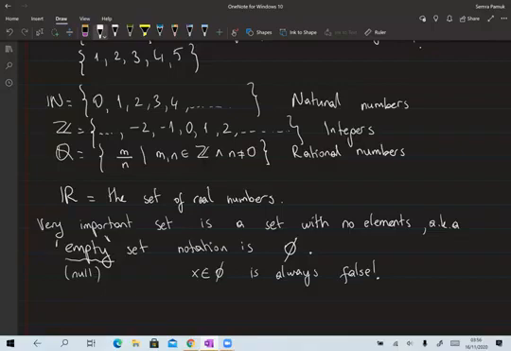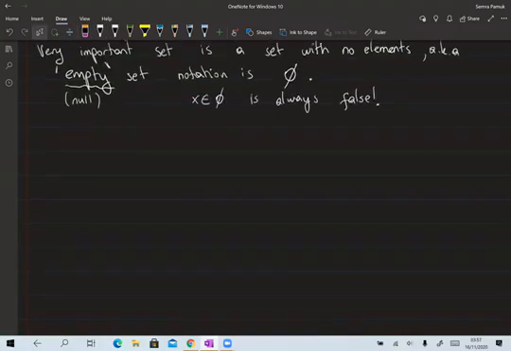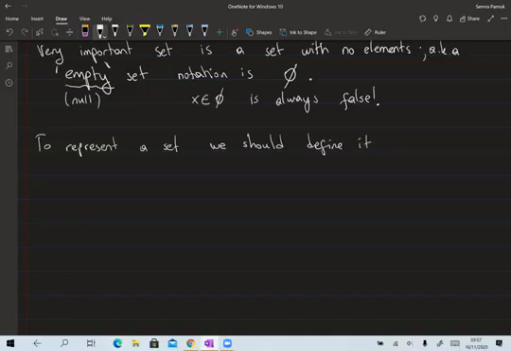So we should come up with a proper way of representing a set, and this is one of the most important notions that we should learn. To represent a set, we should define its elements.